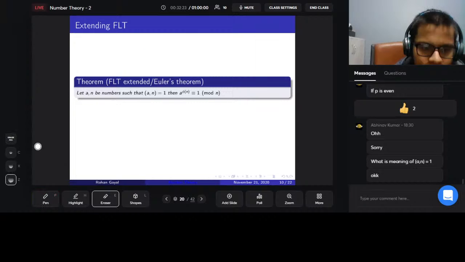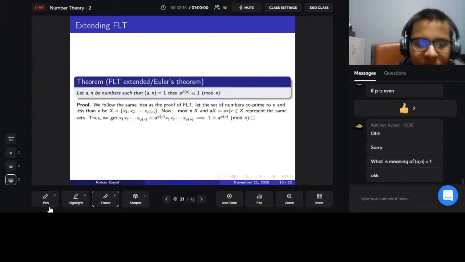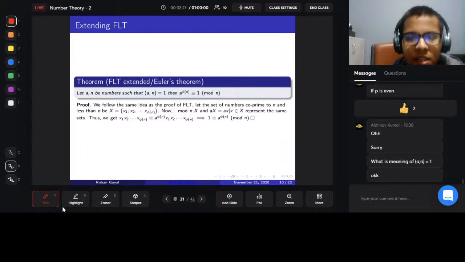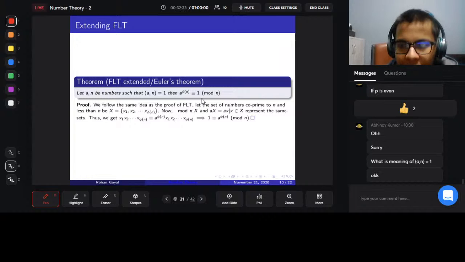We can prove it with the exact same idea as we proved Fermat's little theorem. If the numbers less than n which are co-prime to n are x1, x2, up to x_phi(n), as they were earlier 1 to p minus 1, then mod n, the x's and the ax's are the same set.